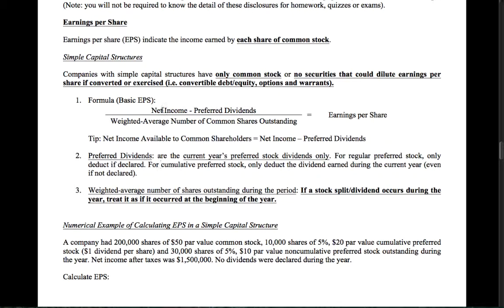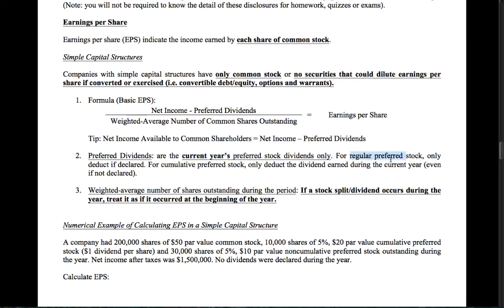The easiest part of this formula is going to be the net income, as this number will likely often just be given to you. Then you have to account for the preferred dividends. The key thing to note here is that it is the current year's preferred dividends only. As we learned in chapter 15, there are different types of preferred stock, as in cumulative preferred stock or non-cumulative preferred stock.